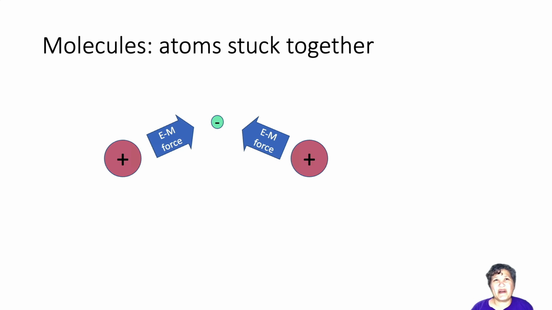And if you think about it, if you actually get into the vectors of it, which I'm not going to do too much in this class, there is a component to that force that is pulling those two nuclei together. But there's also a component that's sort of pulling the nuclei up. And so only part of that force is actually holding the nuclei together as part of a chemical bond.